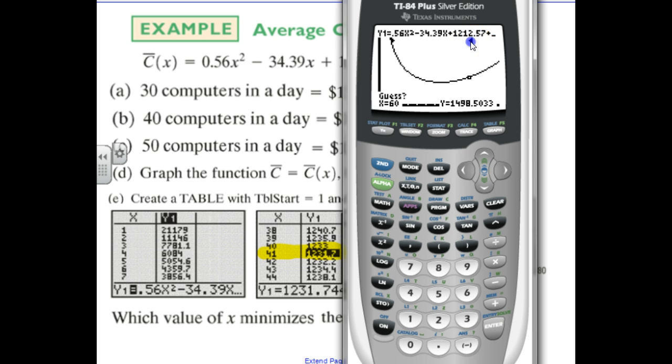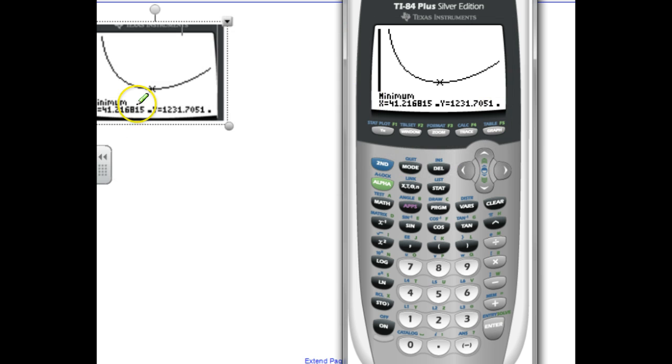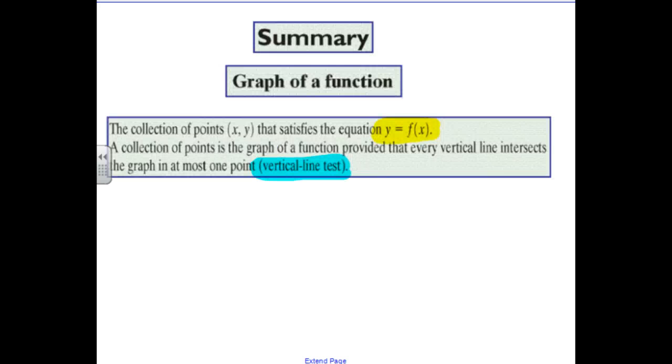The right guess is here, and then it's asking me to guess, so I'll guess 40. And this is the actual answer. It's a little bit more precise than the table setup, so that would be my recommendation for your process: guess left, guess right, guess on, to find the exact answer. You can see this is the same thing that you got with the table setup.